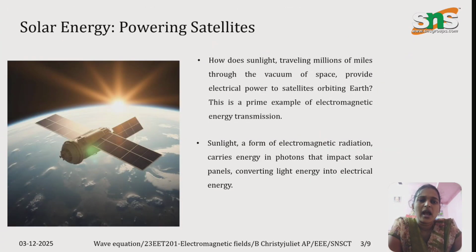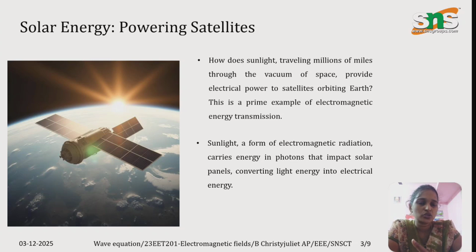First, how does sunlight travel millions of miles through vacuum space? Have you ever imagined? Yes, it is because of electromagnetic waves. This is a prime example of electromagnetic energy transmission. Electromagnetic waves have power that travels through free space and through different mediums.